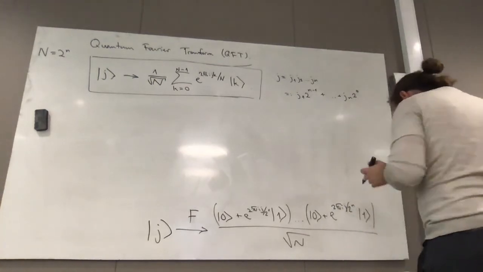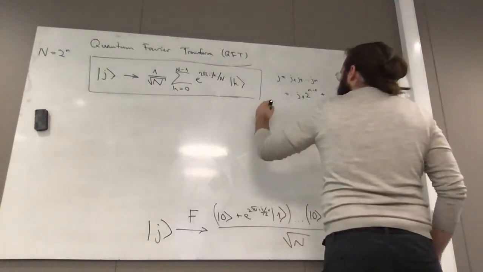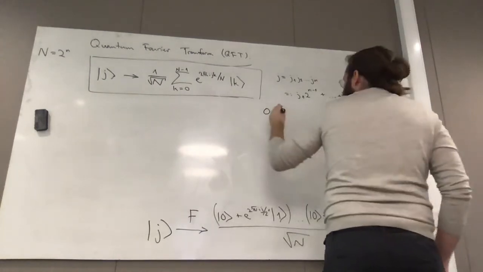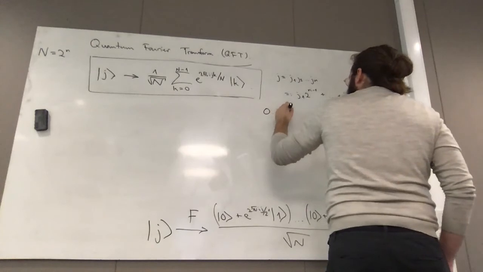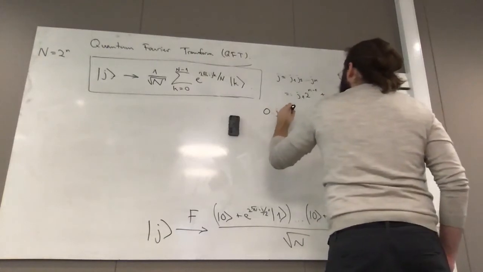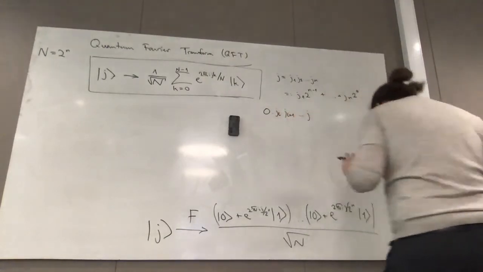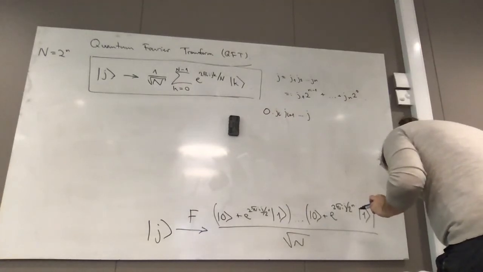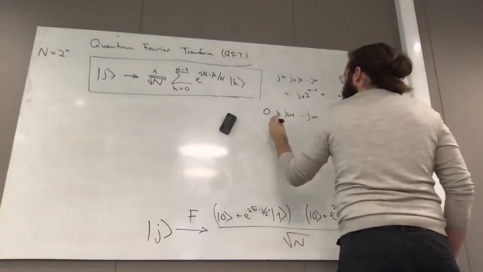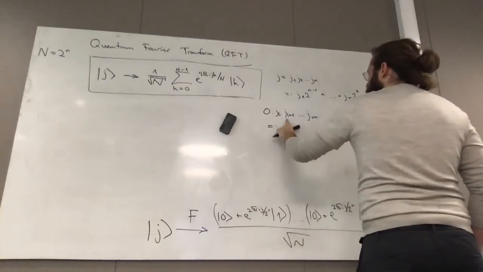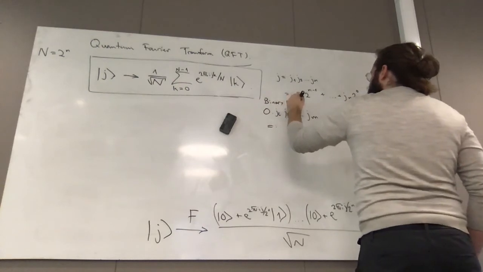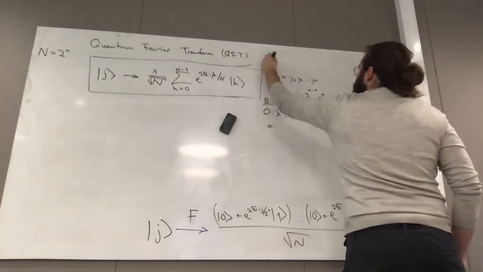They are saying that we should adopt the notation 0.j_L j_{L+1} up to j_m to represent, by definition, the binary fraction, that is, the binary expansion.